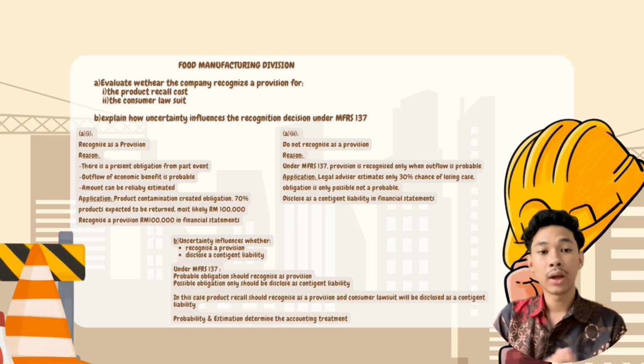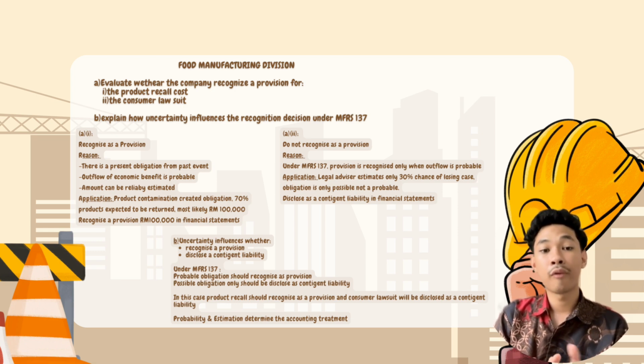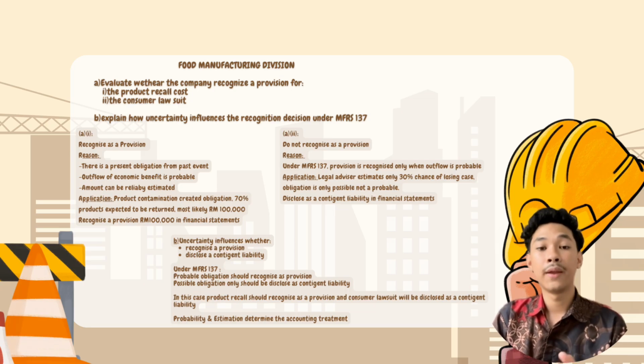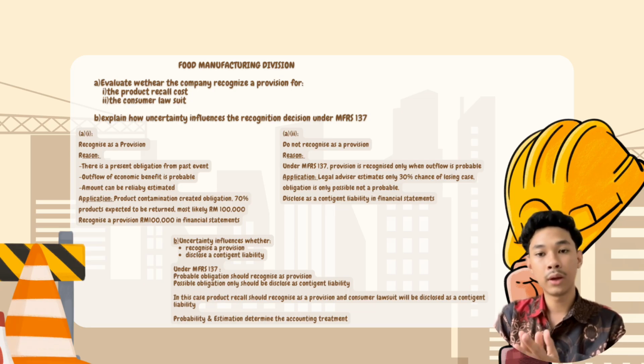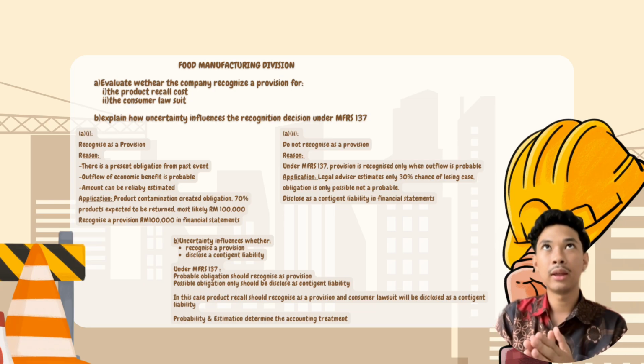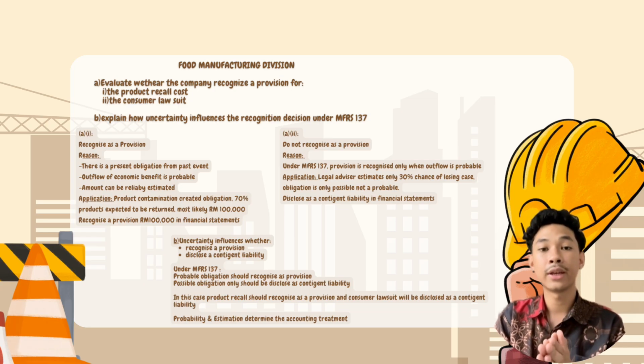In conclusion, under MFRS 137, uncertainty is very important. If the outflow is probable and measurable, a provision is recognized. If the obligation is only possible, it is disclosed as a contingent liability.